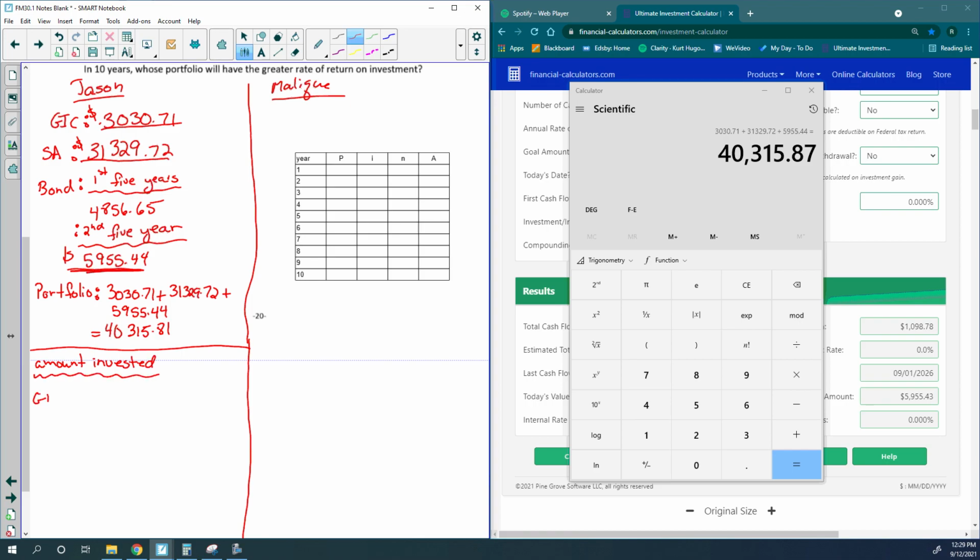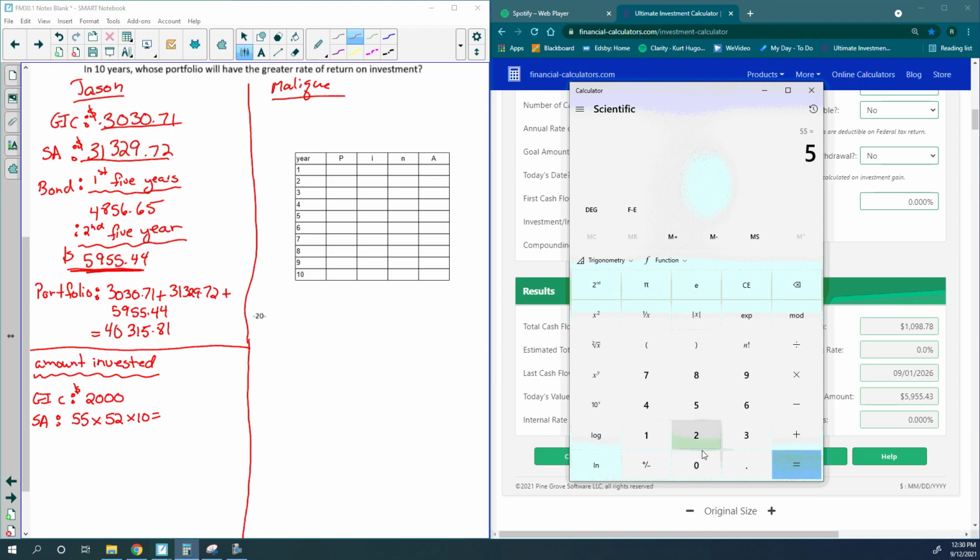So the GIC was the $2,000. For the savings account, he did $55 every week, so 52 times in a year for 10 years. So that was $55 every week for 10 years, so $28,600 for that one.